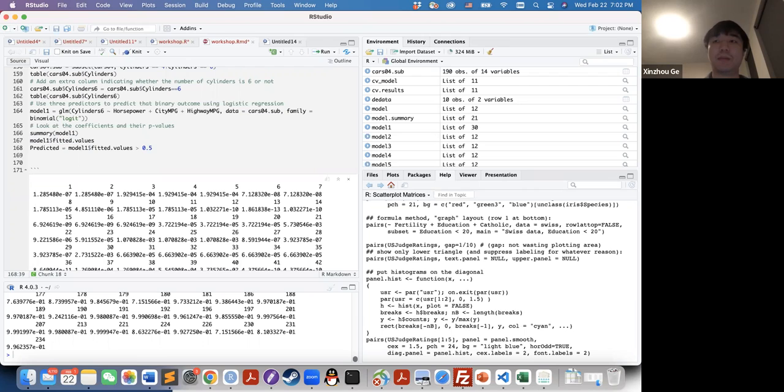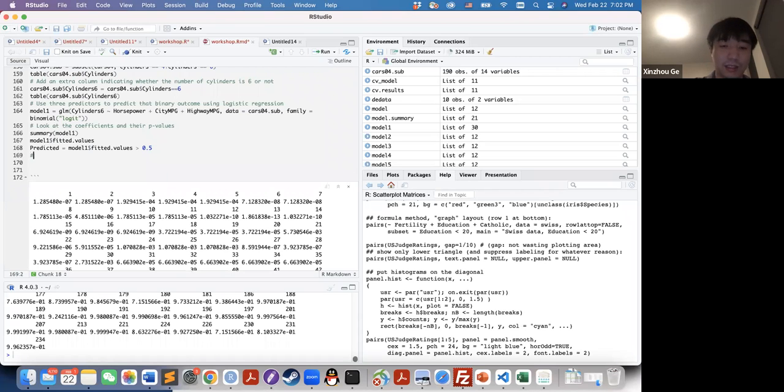And then we can compare the predicted cylinders with the actual cylinders to see whether we make a correct prediction for each of the cars. Then we can calculate the accuracy. So maybe we can further work on this to see how to calculate the prediction accuracy.